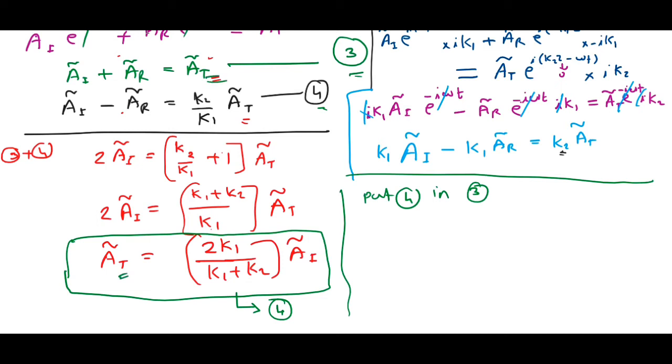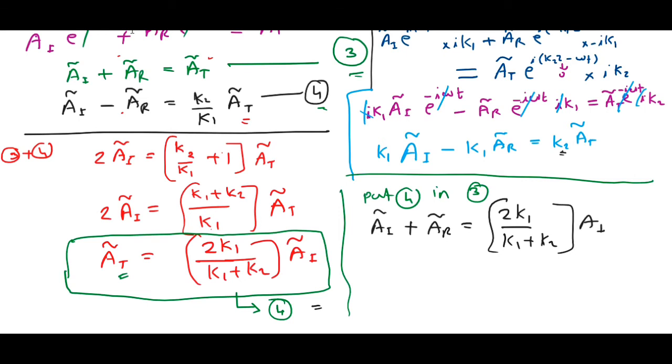Therefore, we substitute equation 4 in 3. Then A_I plus A_R is equal to 2K1 by K1 plus K2 into A_I, substituting for A_T. Keeping A_R on the left hand side, A_R is equal to 2K1 by (K1 plus K2) minus 1, into A_I.